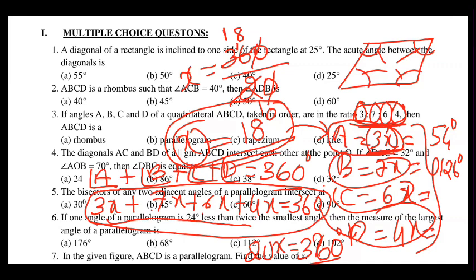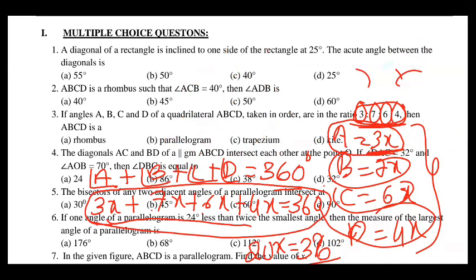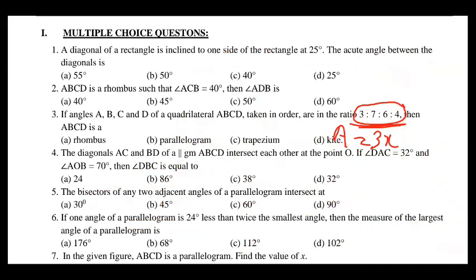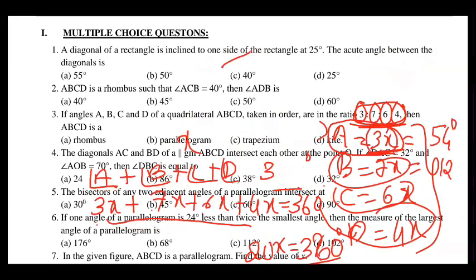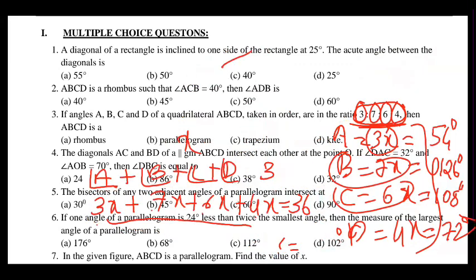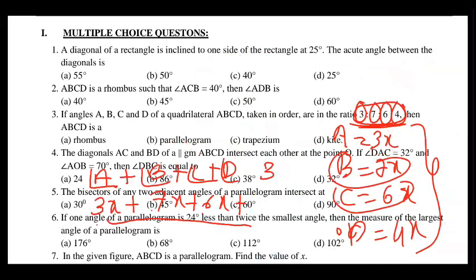What is 6 into 18? 108. Okay. What is 4 into 18? 72. 72 degree. So हमें angle A, angle B, angle C, angle D of the quadrilateral we have gotten this way.